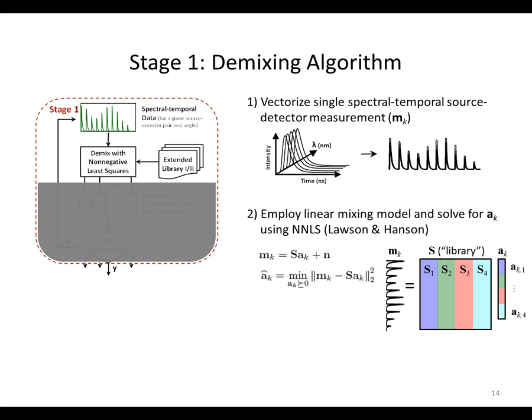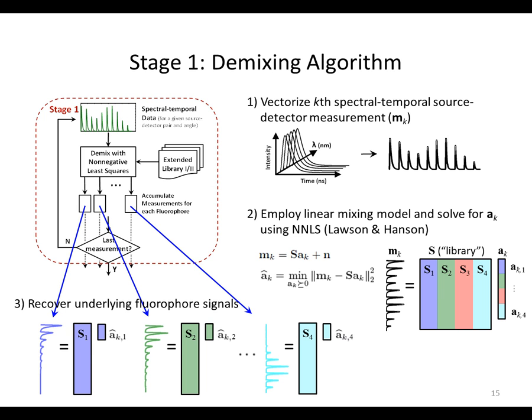And I'm going to say a little bit more about the library in a second, but what I want you to realize is that my library has different sections, one associated with each fluorophore. And likewise, this vector of combining coefficients also can be divided up into those sections. And so what I'm going to do is solve for A using the Lawson and Hansen non-negative least squares algorithm.